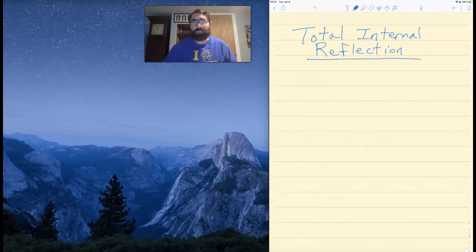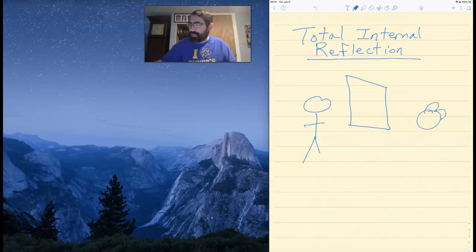And I wanted to talk to you a little bit about a concept called total internal reflection. So I've been actually spending a lot of time at home lately, and I've noticed when I peer out the window that if I look at the window in my house and I look outside, I can see what's outside, but I can also see my reflection inside the window pane.